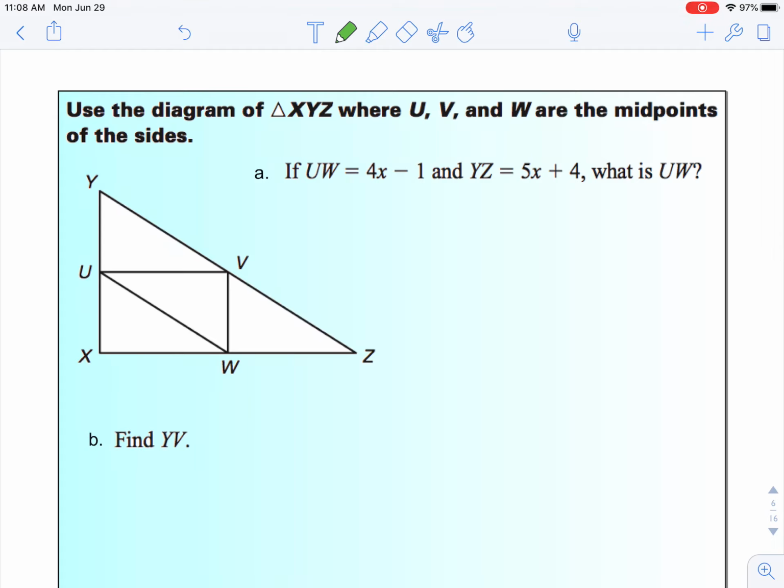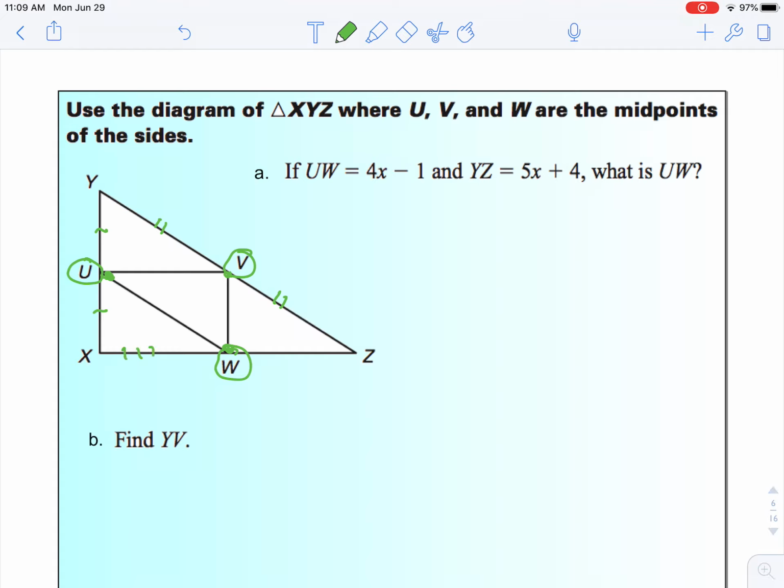So now we can use some algebra to find some values of x and then find the actual lengths of these. So it says use the diagram of triangle XYZ where U, V, and W are all midpoints. So if it's a midpoint, remember what it does. If U is a midpoint, these two pieces will be congruent. If V is a midpoint, then these two pieces are congruent.